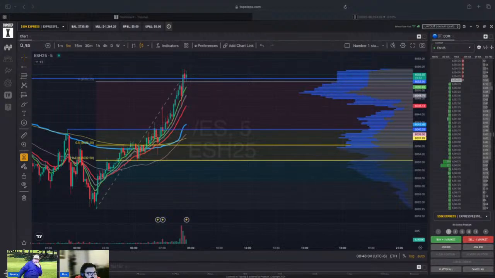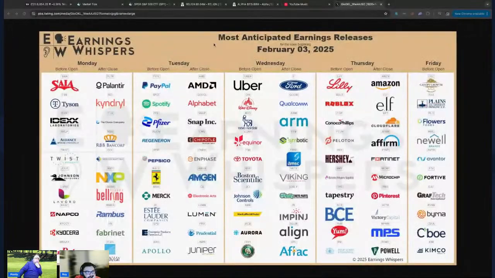All righty, boys and girls. This morning we had Uber, Disney, Novo Nordisk, Toyota. After the close today, we've got Ford, Qualcomm, ARM.